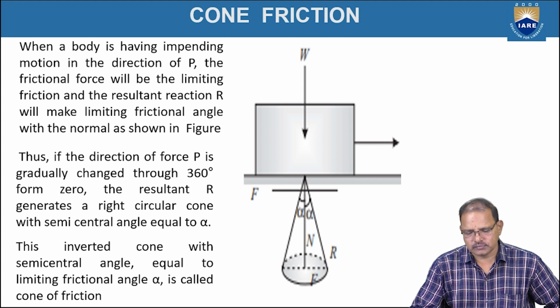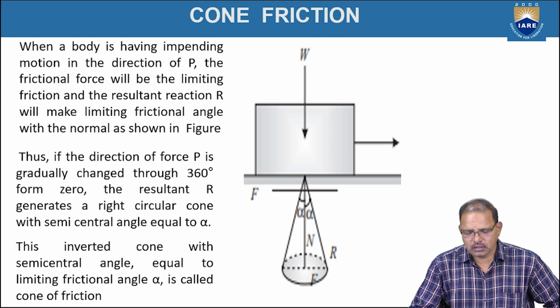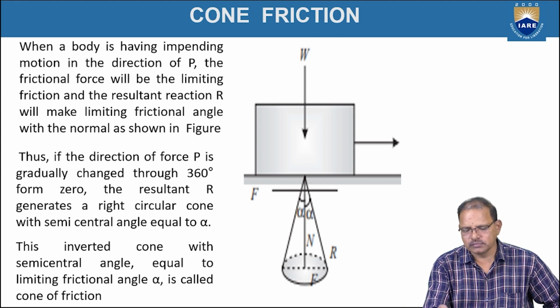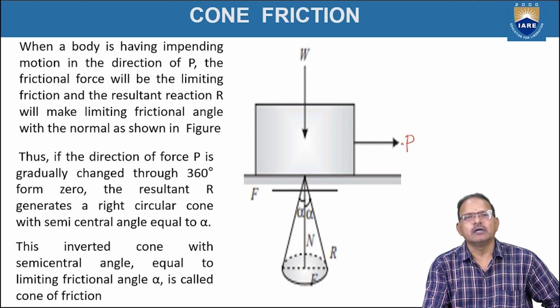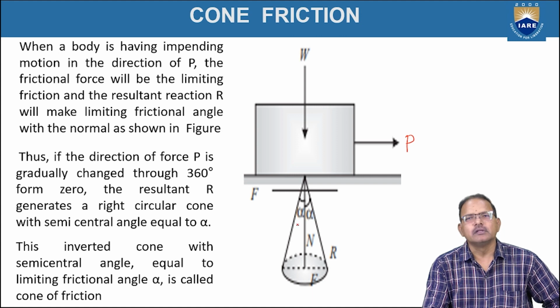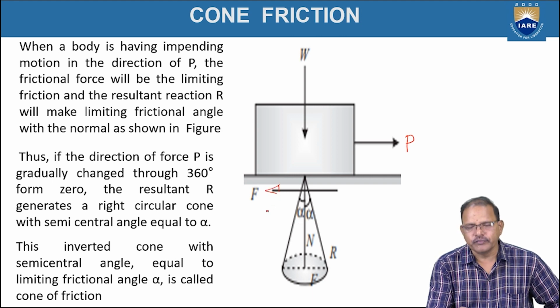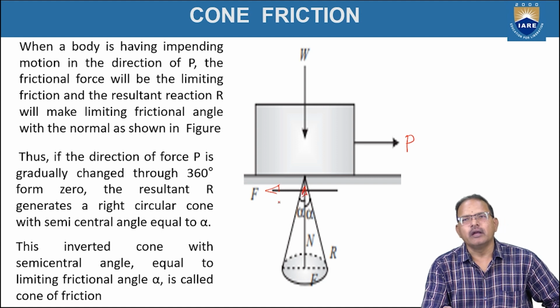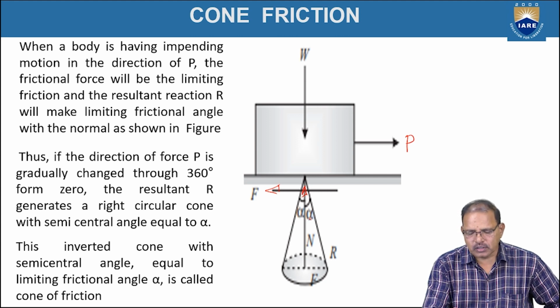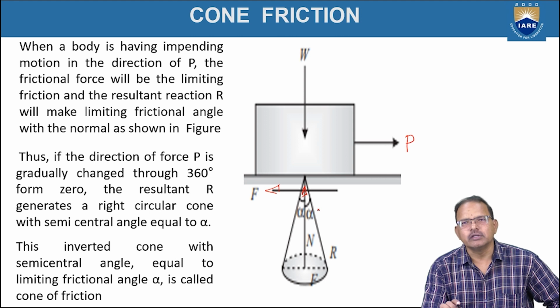Cone friction. Here, the body is about to move toward the left on a horizontal plane because of the application of force P, as shown in the figure. The forces acting on it are the frictional force, normal reaction, and W. R represents the resultant of frictional force and normal reaction, which makes an angle alpha as shown in the figure.